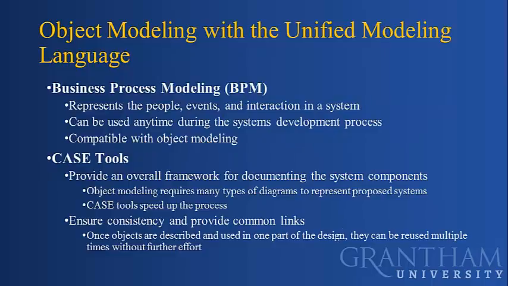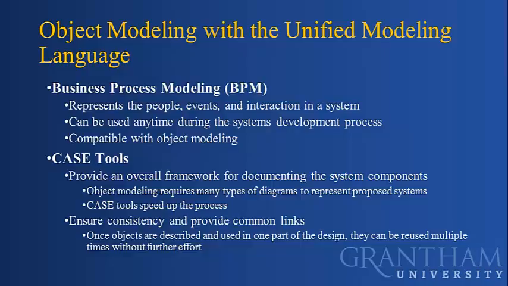Object modeling and the Unified Modeling Language continue. Business process modeling represents the people, events, and interactions in a system. It can be used anytime during the system's development process and is compatible with object modeling. CASE tools provide an overall framework for documenting the system components. Object modeling requires many types of diagrams to represent proposed systems.